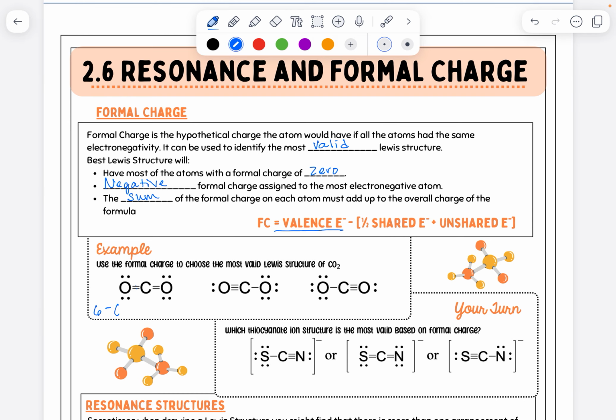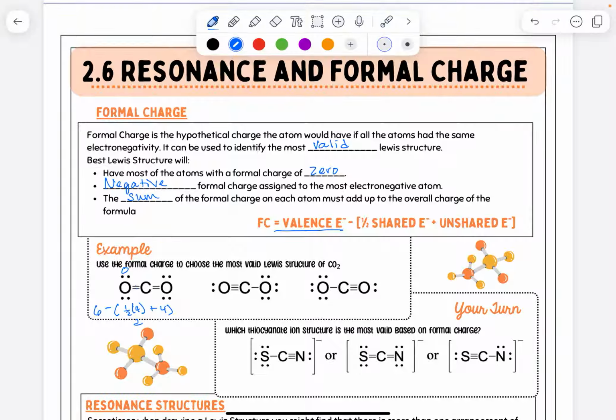So there's 2, 4. There's 1/2 of 4, right? Plus the unshared electrons, which are our lone pairs, there's 2 and 4. So the formal charge on oxygen would be 6 minus 6. So this would have 0, right?